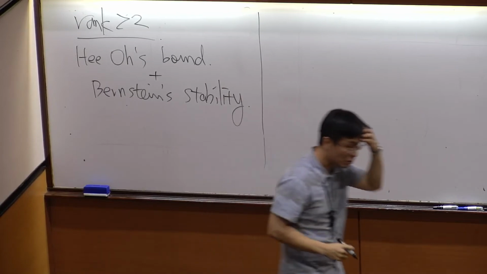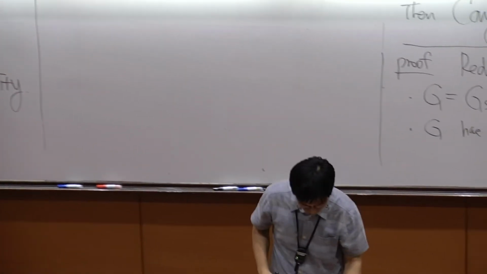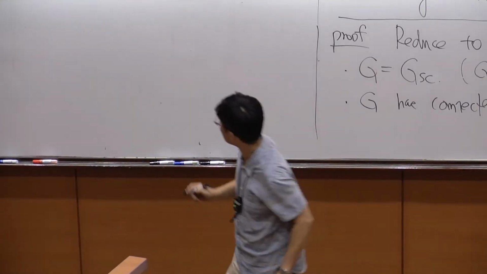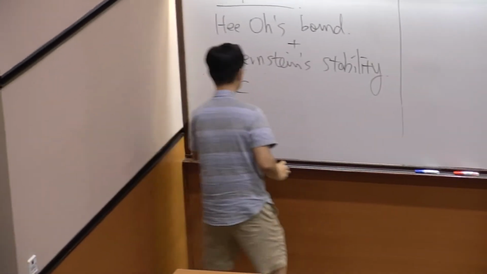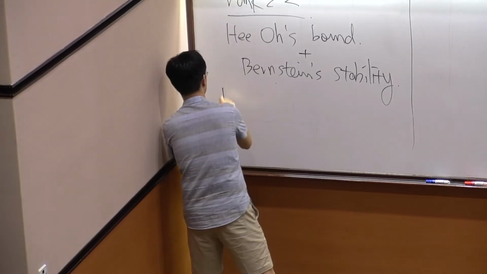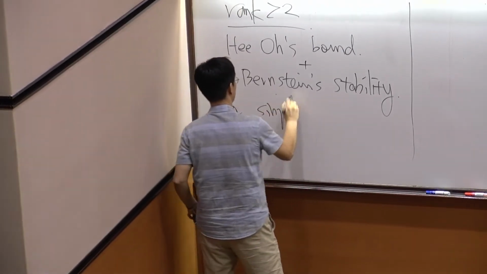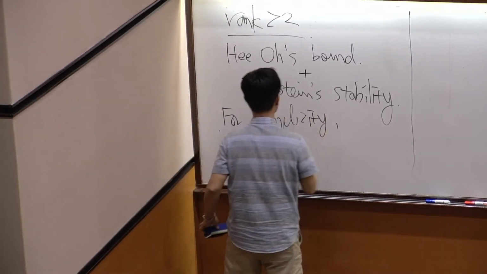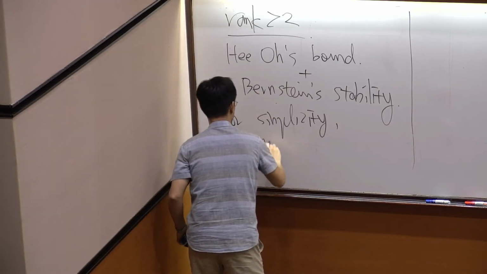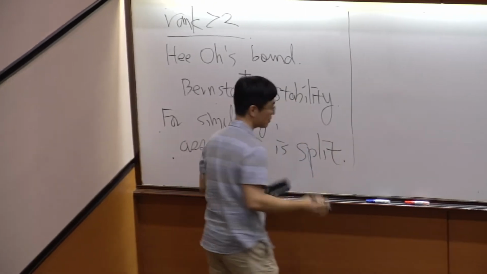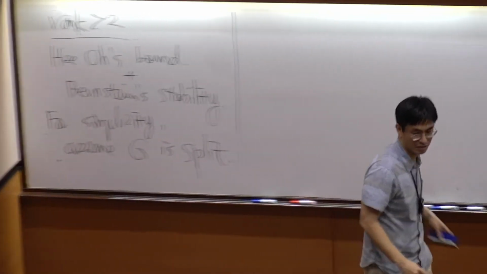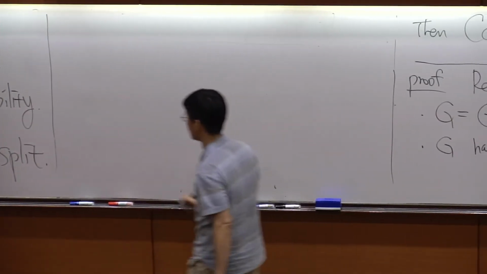So I need to introduce some notation for this. For simplicity, the argument still works, but I'll assume G is split. Well, it helps me write things in a simpler way.